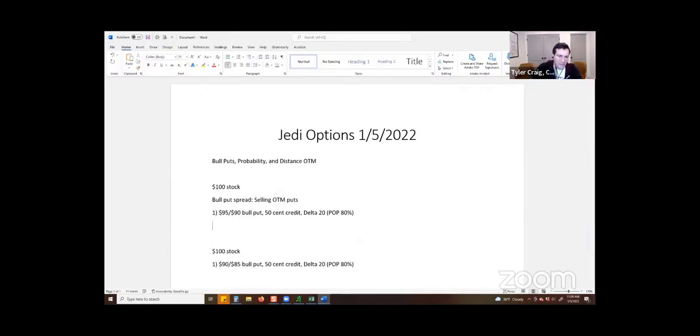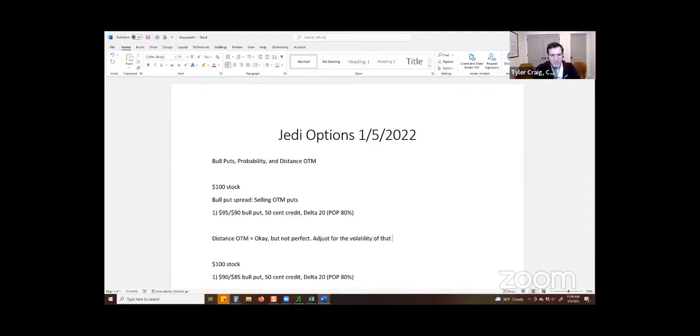Well, the problem is distance out of the money really is not the best way to look at it, because maybe the first stock is less volatile than the second stock. So looking at distance out of the money is okay, but not perfect. It would be better if you adjust for the volatility of that particular stock.